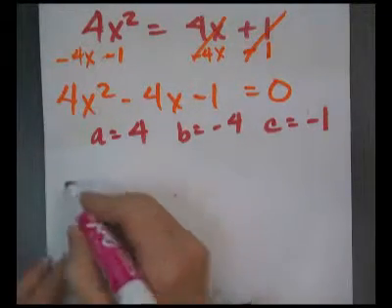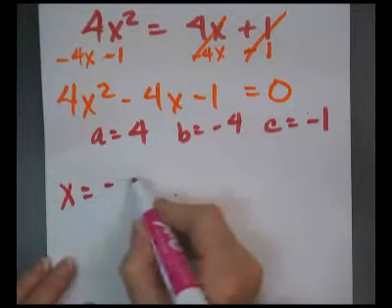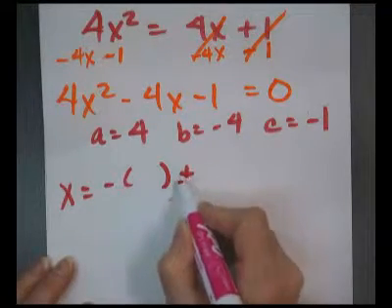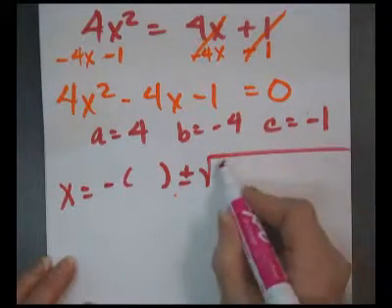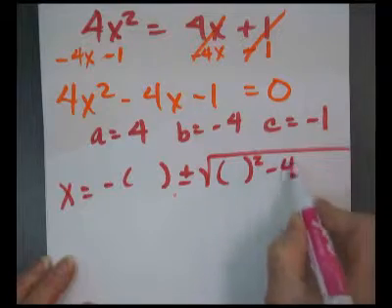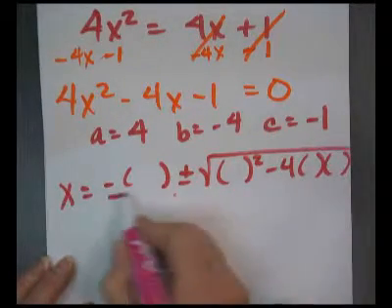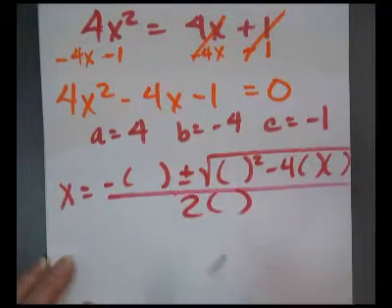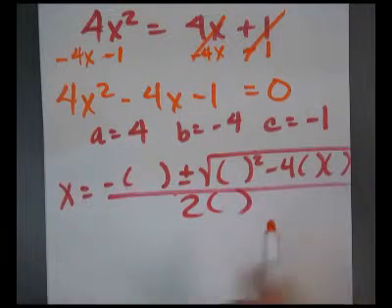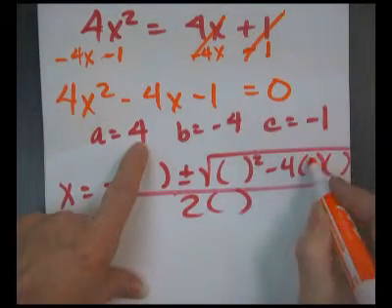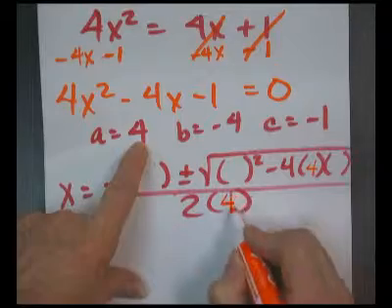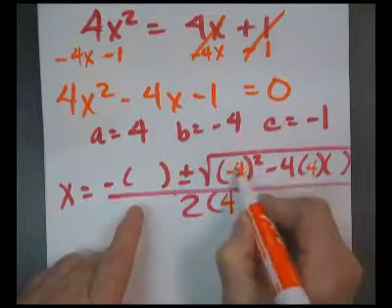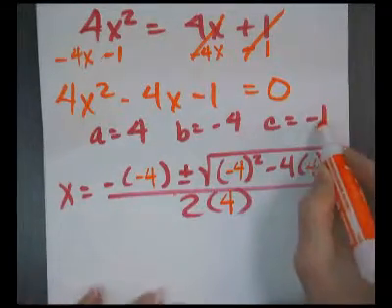Okay, so we have x equals negative b plus or minus square root of b squared minus 4ac all over 2a. A is 4, b is negative 4, and c is negative 1.